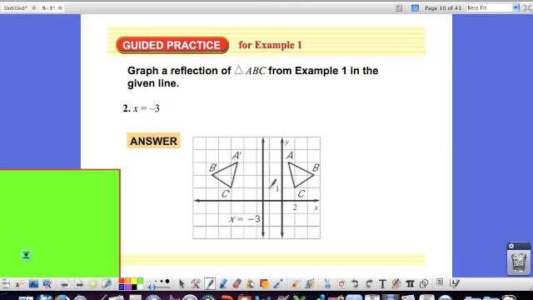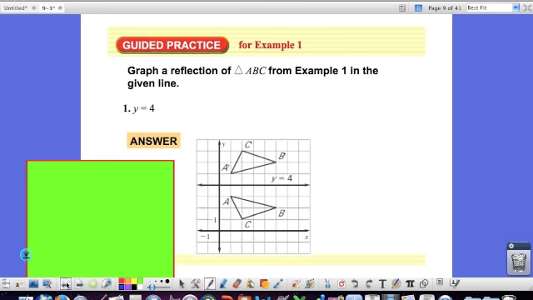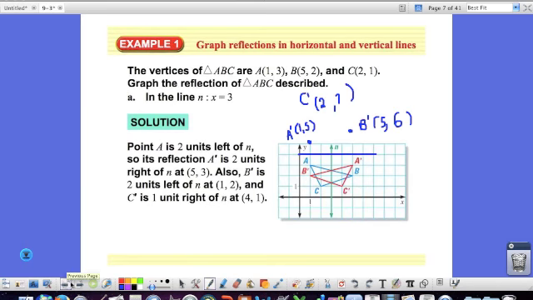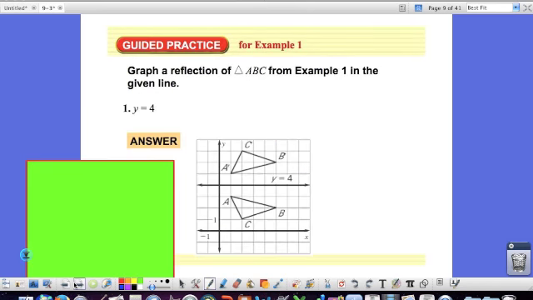A was at 1, 5. So now they wanted the line at x equals -3. Let's go back and just make sure we have those points because it's hard to jump around. A was originally at 1, 5.